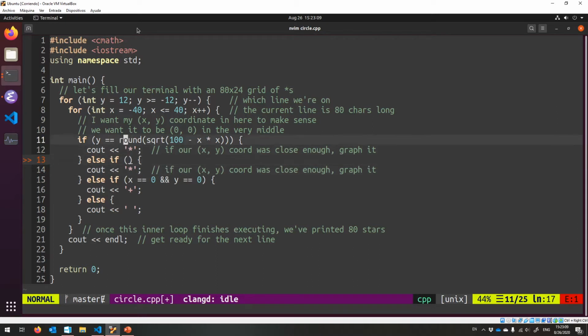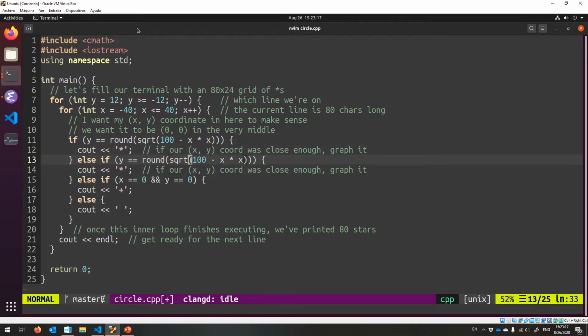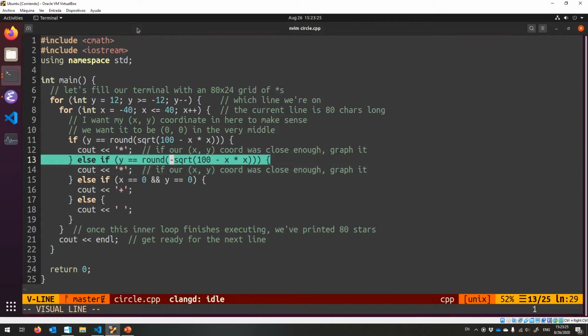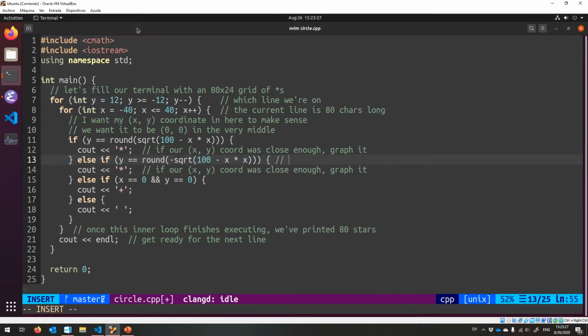And this one is very similar. It just needs a negative sign. That's all. And so now this will be the bottom half. Okay, check if it's on the bottom half of the circle.